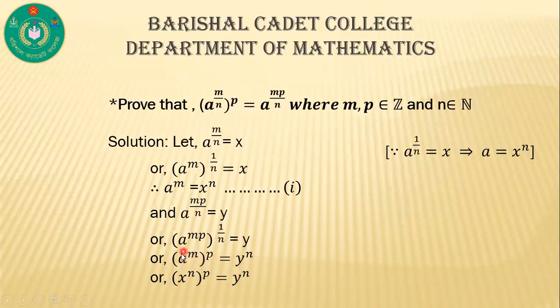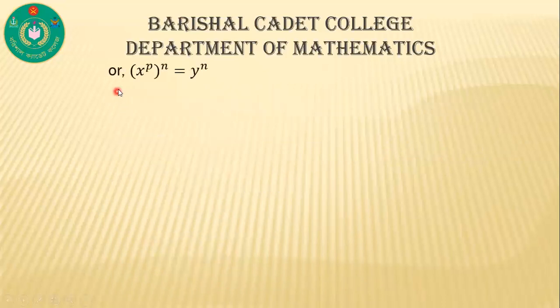We know a to the power m is equal to x to the power n from 1. Putting this value here, then we can write x to the power n to the power p is equal to y to the power n, or x to the power p to the power n is equal to y to the power n. Here the powers n cancel, then we can write x to the power p is equal to y.